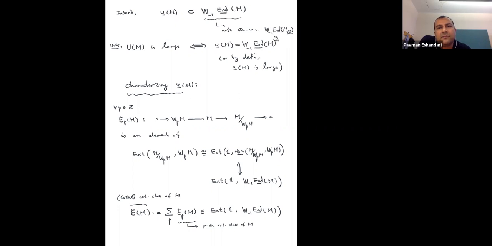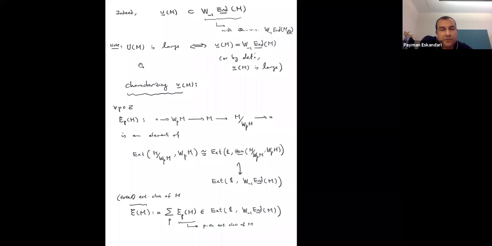And then by thinking about the two actions that you have corresponding to this and this, it's easy to see that this underline u_M is actually a sub-object. It's a mixed Hodge substructure of W_{-1} End M.